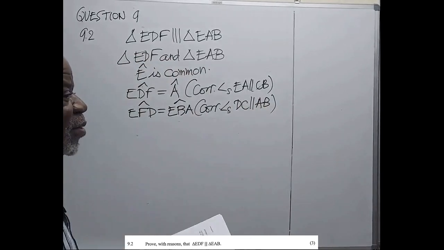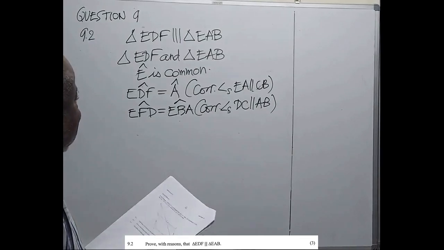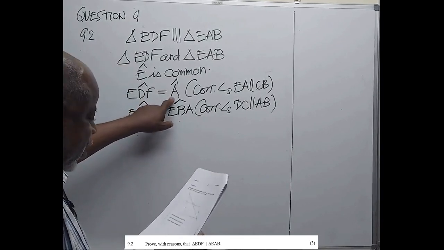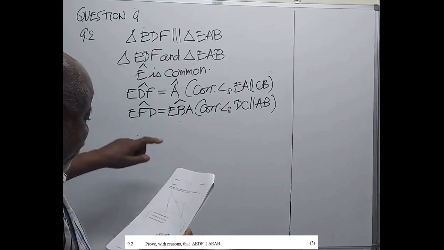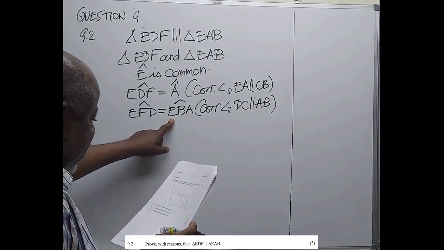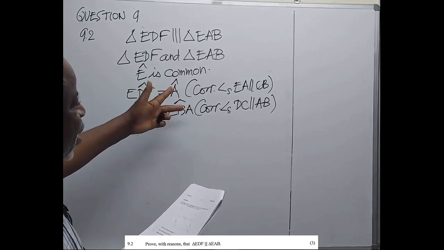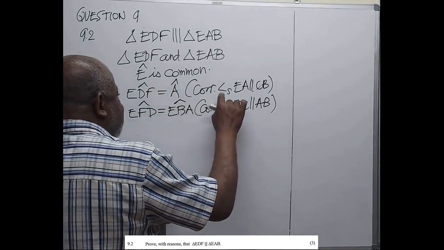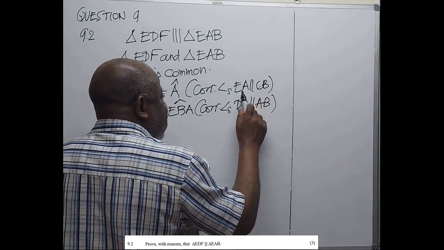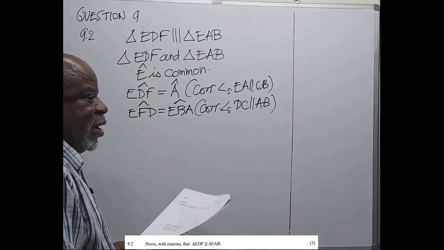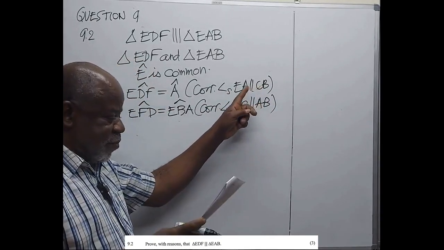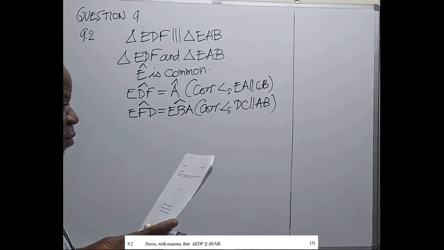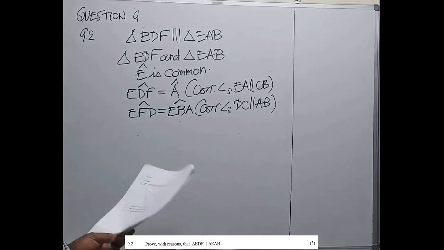So we have 3 angles: E being common, angle EDF being equal to angle A, and angle EFD being equal to angle EBA, all dealing with corresponding angles. Every time you give your reason as corresponding angles, you mustn't forget to write the 2 lines which are parallel. Here EA is parallel to CB, we can see it on the diagram, and DC is parallel to AB. And with this we are done.